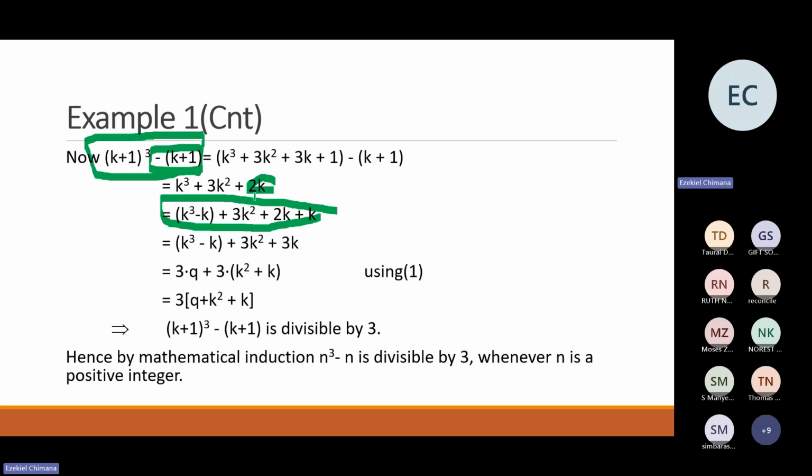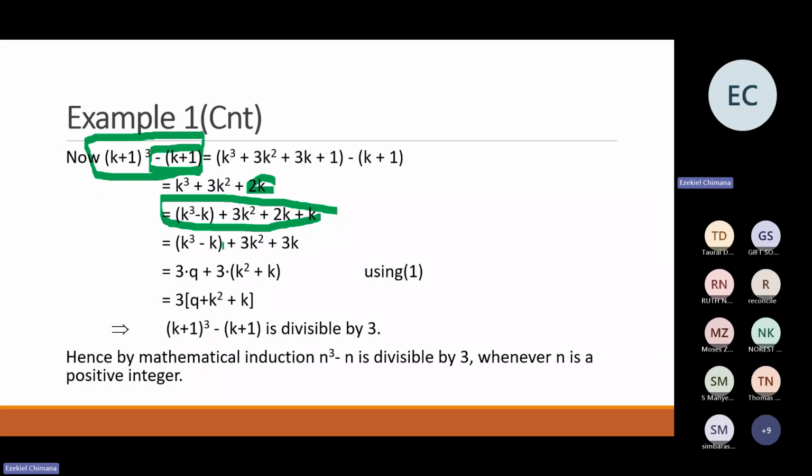I think that's the direct explanation. We are just subtracting a k here, so it's k cubed minus k. At the same time, we are adding a k on the same side. So we are adding nothing and subtracting nothing. So k cubed minus k plus 3k squared plus 2k plus k, something like this.